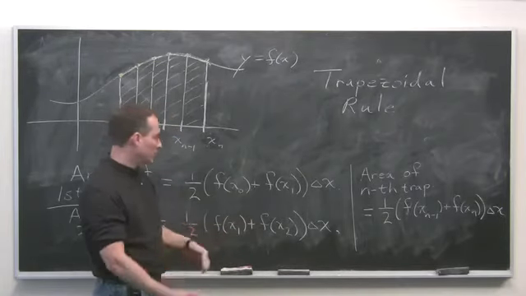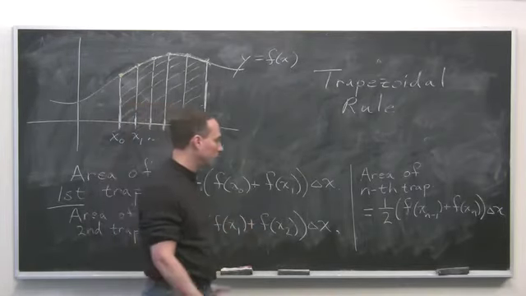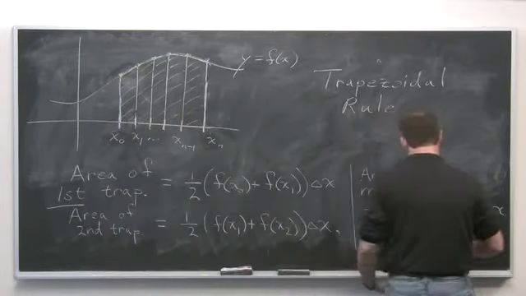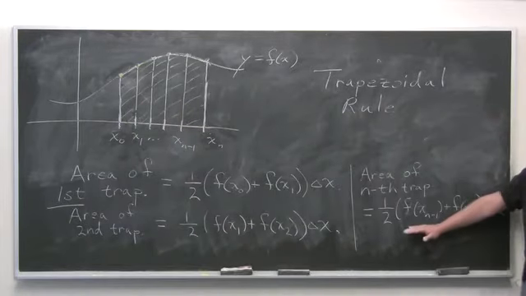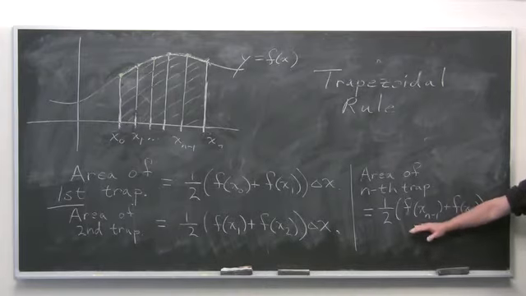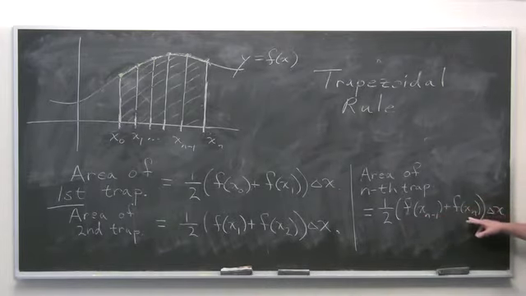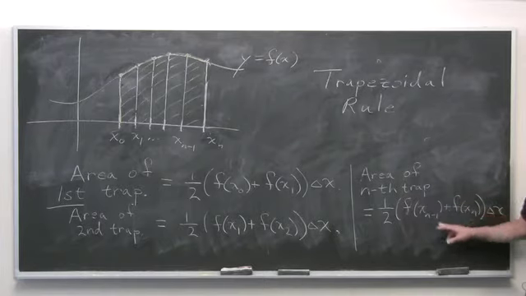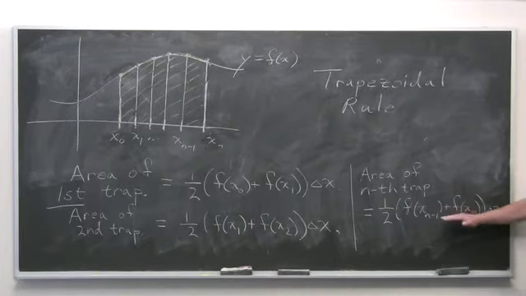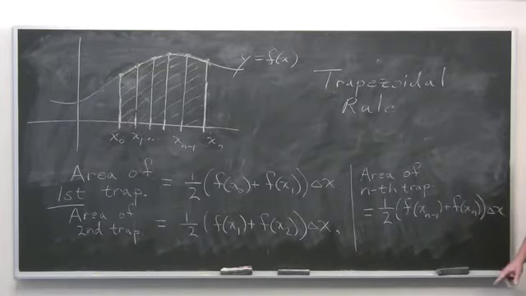So you'd get f of x2 again, and so you get a 2 f of x2 in your sum. And you keep doing this. The area of the nth minus first trapezoid you'd have an f of x sub n minus 2 plus f of x sub n minus 1. So you'd get 2 times this also. But then when you add this part, you only get f of x sub n once.